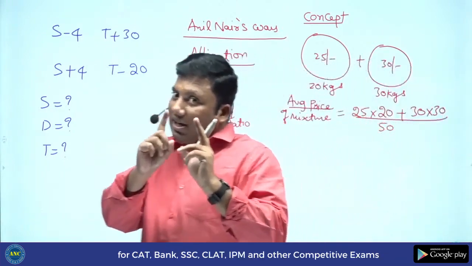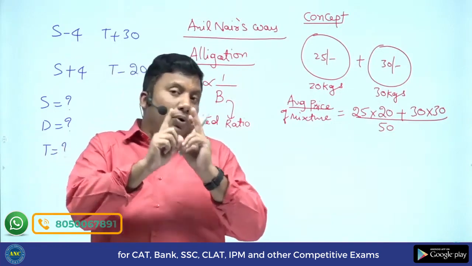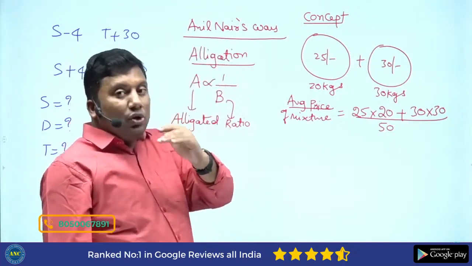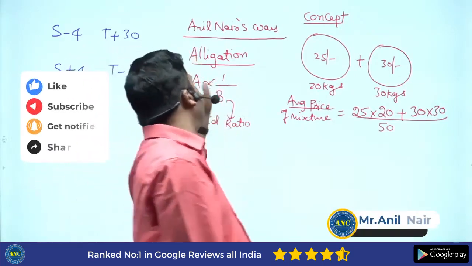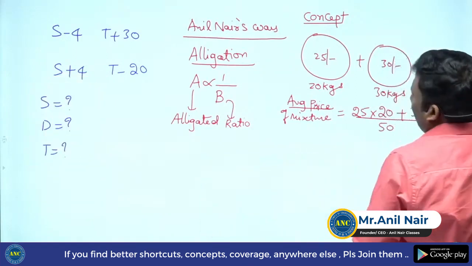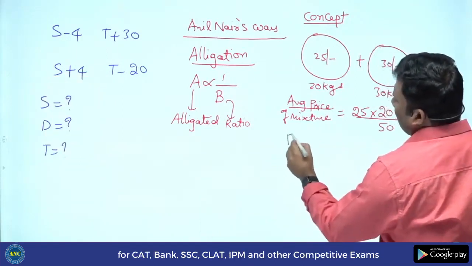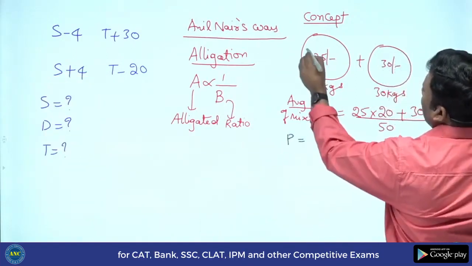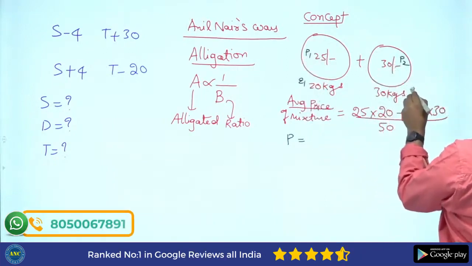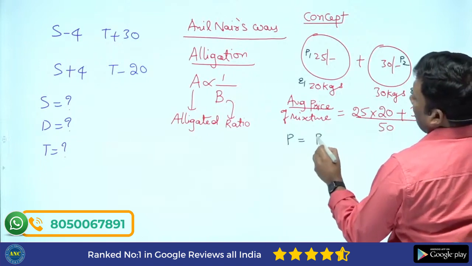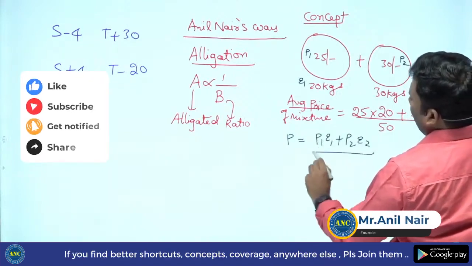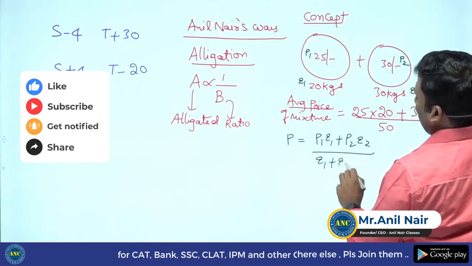Listen carefully to this beautiful understanding of how inverse proportion can be used at a CAT level. This is similar to a CAT question. Suppose the average price is P, with prices P1 and P2 and quantities Q1 and Q2. So P is (P1 Q1 plus P2 Q2) divided by (Q1 plus Q2).